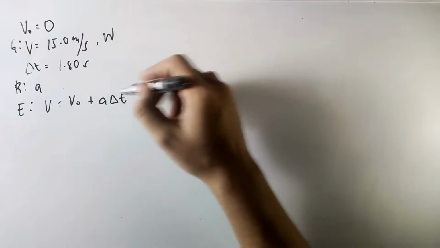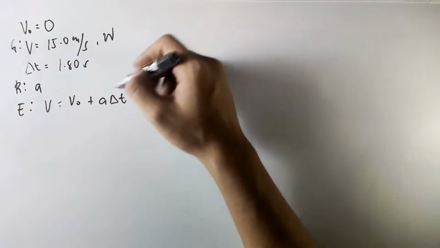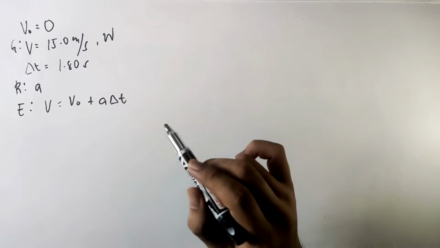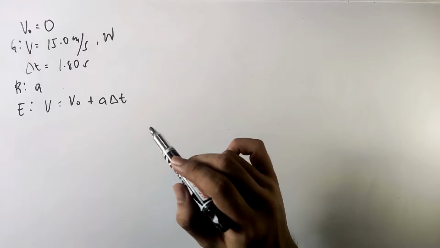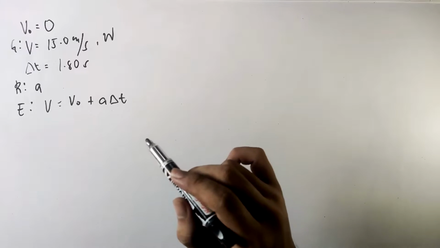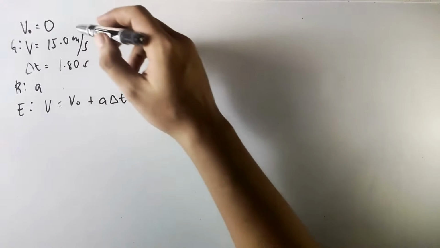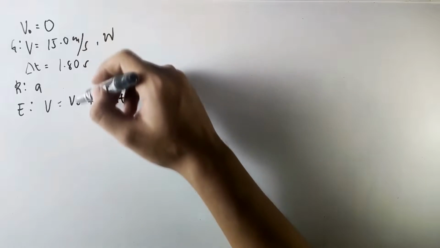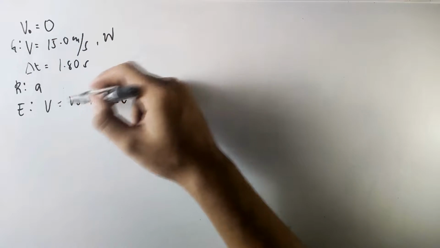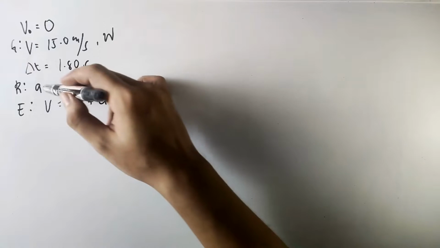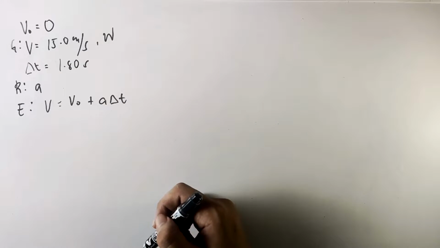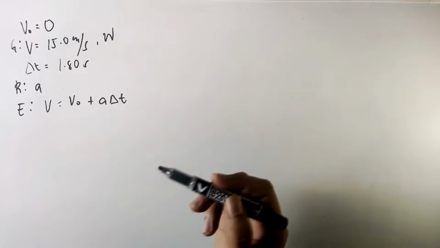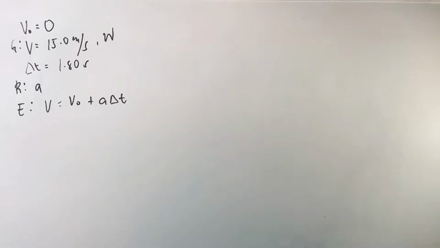All of the variables in this equation are present here. So that's how you're going to solve problems involving kinematic equations. You have v sub 0 here, you have v here, you have delta t here, and you have a here.